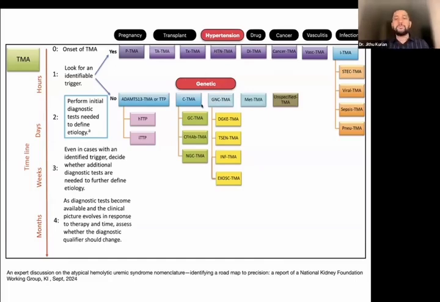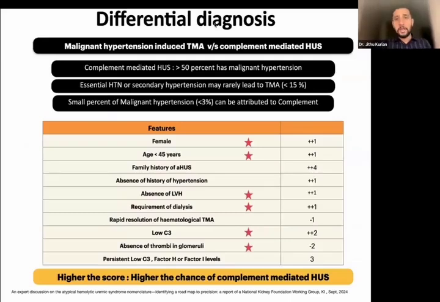And this is a scenario which is very common to all of us. So what does that tell you? That this patient is probably a malignant hypertension-induced TMA versus complement-mediated HUS. If you look at the statistics, more than 50% of complement-mediated hemolytic uremic syndrome presents with malignant hypertension.